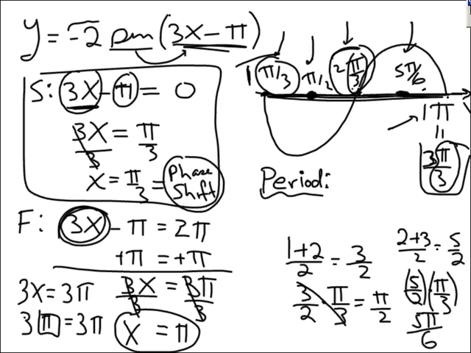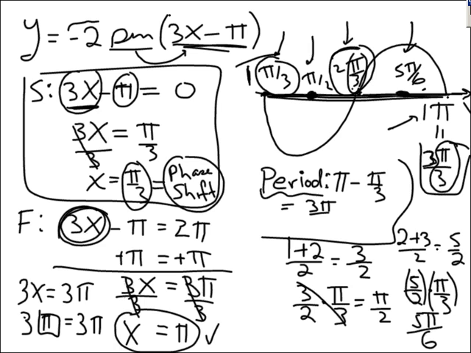The period is going to be the finish, which we found out to be pi, minus the start, which we found to be pi over 3. And if we work this out, pi is 3 pi over 3 minus pi over 3. Now the denominators are the same. We keep it, subtract the tops. 3 pi minus pi is 2 pi.